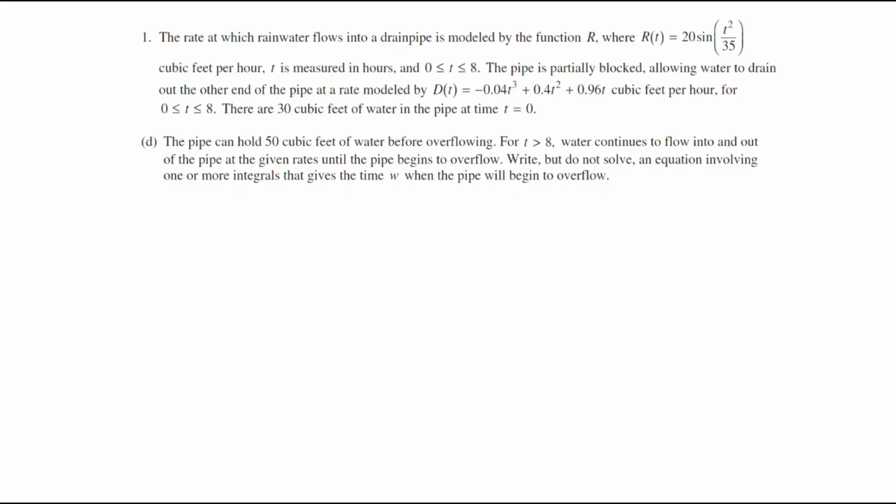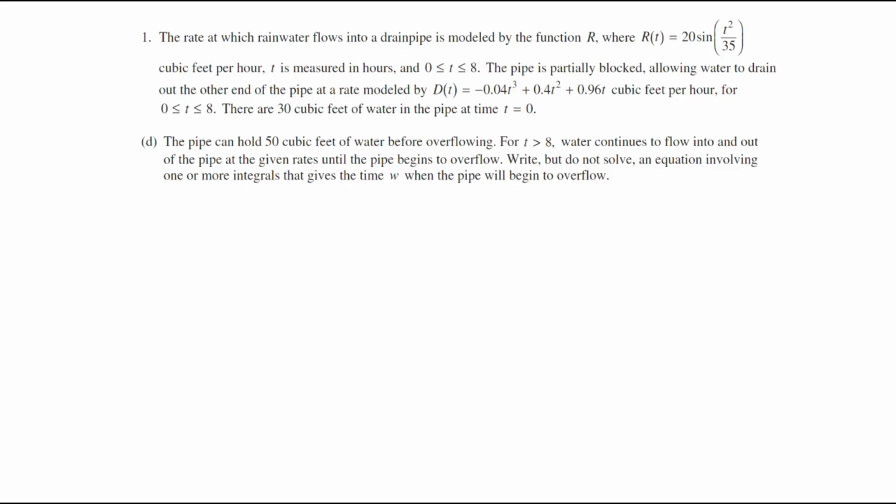For part D, it says the pipe can hold 50 cubic feet of water before it overflows. And for t greater than 8, water continues to flow in and out of the pipe at the given rates until it starts to overflow. We want to write, and we don't have to solve it, an equation involving one or more integrals that gives the time w when the pipe overflows. Well, we already have a function that represents the amount of water in the pipe.